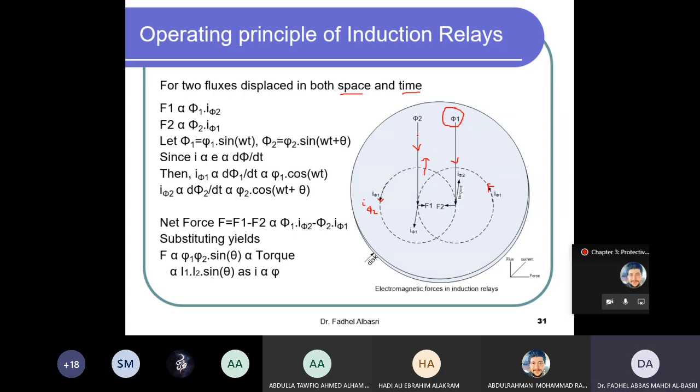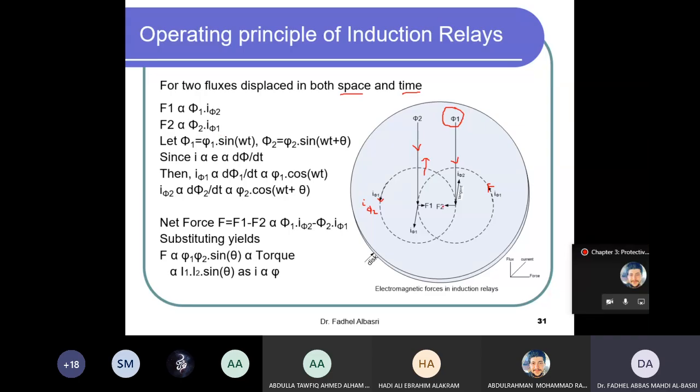And now the interaction between flux 1 and the current produced by the other flux will produce a force. So force 1 is flux 1 times the current produced by flux 2, and similarly for force 2. Okay.